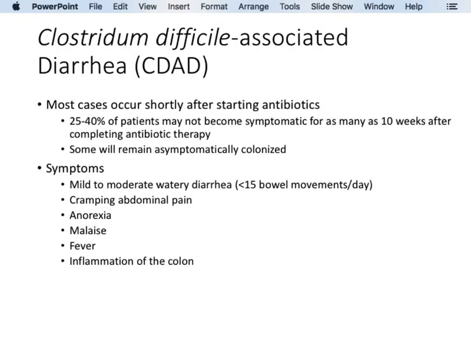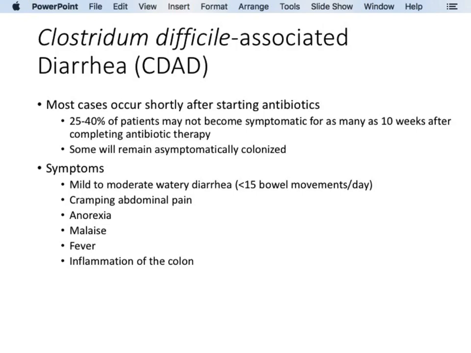Maybe the one that is kind of important, and this hits a little bit with what you just said, Erica: most cases are going to occur shortly after antibiotic usage. 25 to 40% may not become symptomatic for many weeks afterwards, because it takes time for C. diff to colonize and to grow before you experience the side effects of that infection. In some individuals, you may just be lifelong carriers.